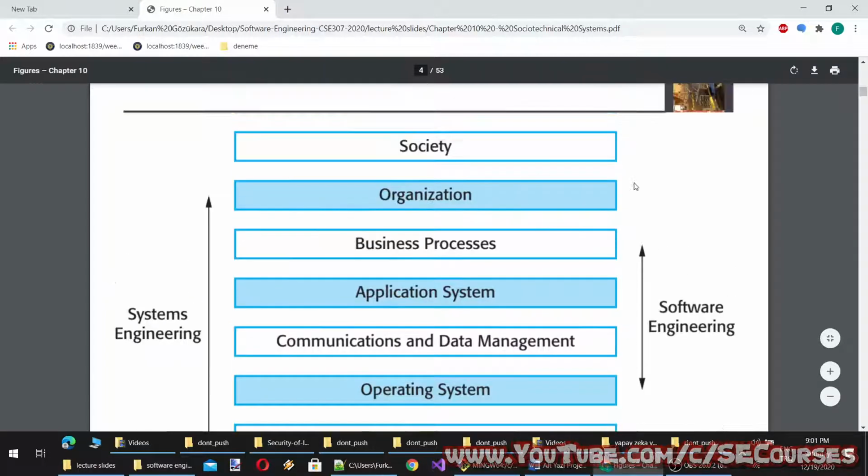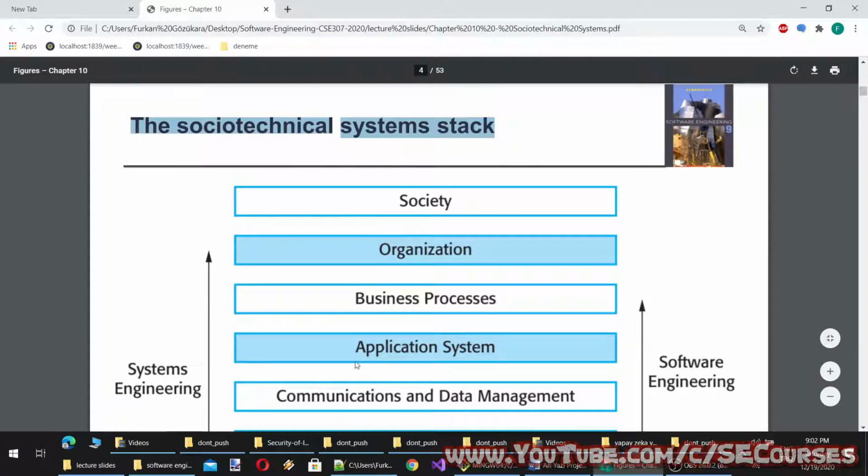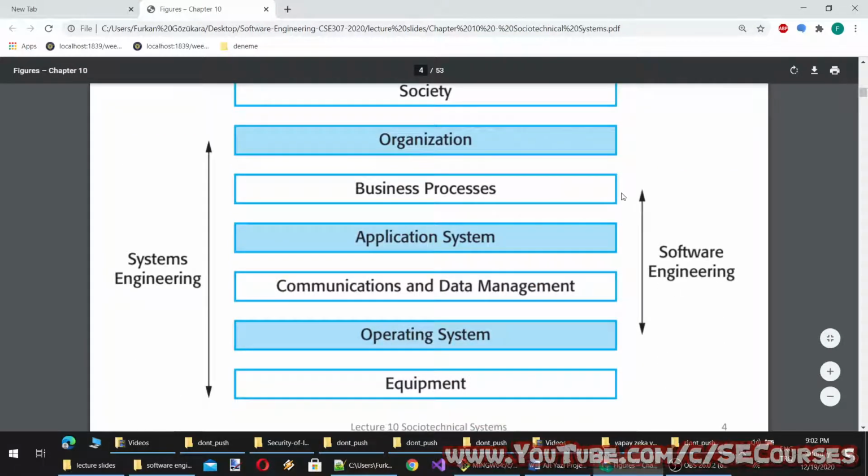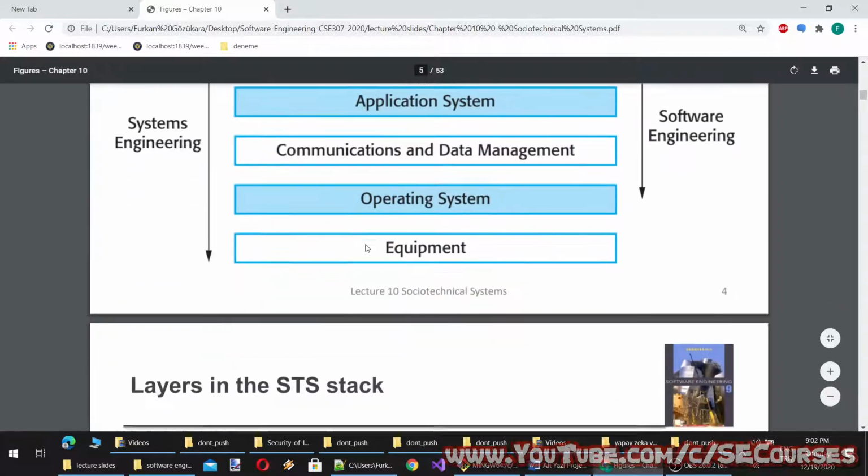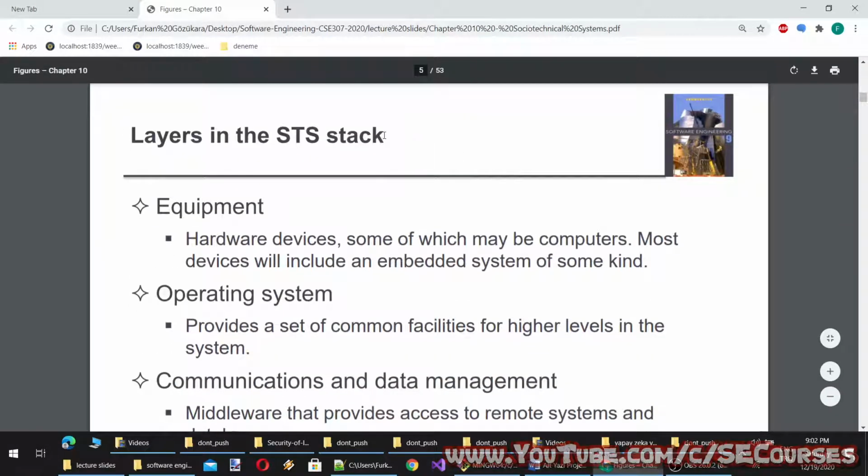So you see, this is a whole part of a system stack. These four elements are part of software engineering, and in addition, organization and equipment are completely systems engineering, and it is how it is. Okay.